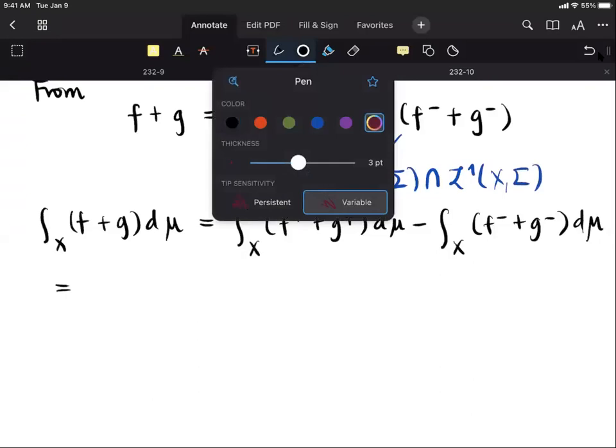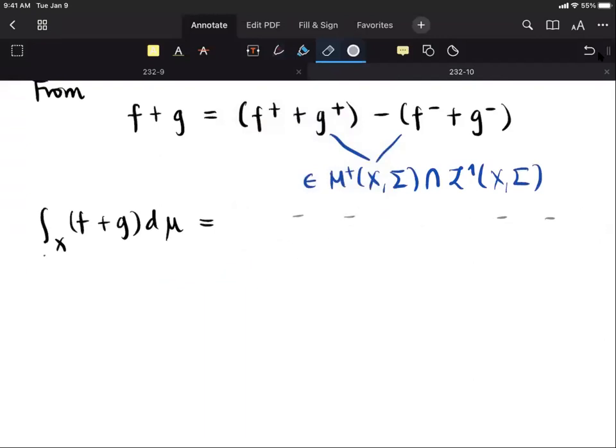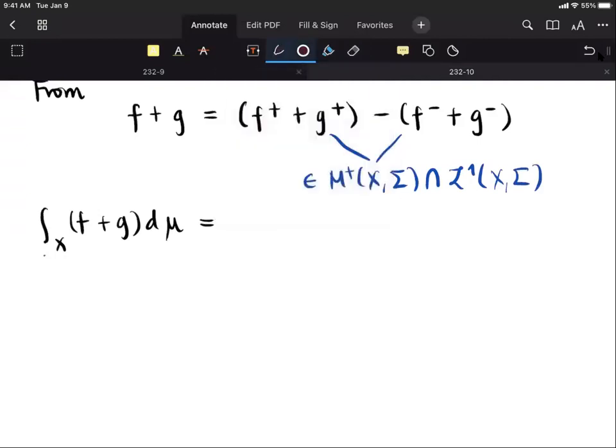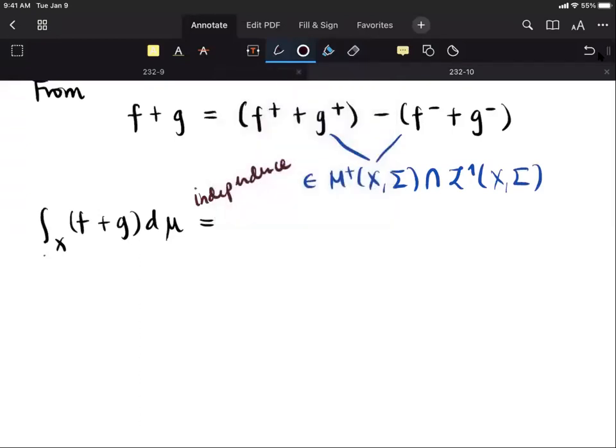Again, thanks to the linearity of the Lebesgue integral on M plus, or I should say, we can now write this, according to independence, as follows.